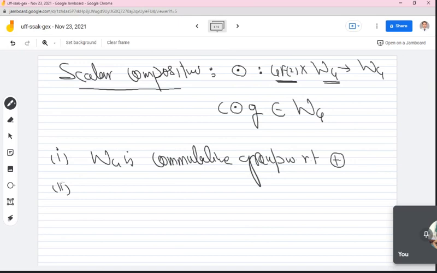And second, is it a commutative group with respect to this one? And also we have some properties followed by the scalar multiplication.